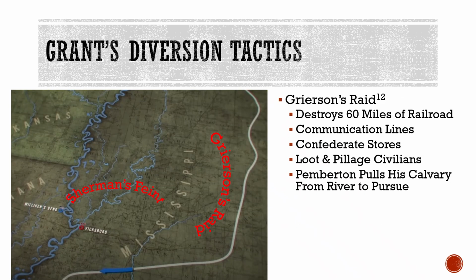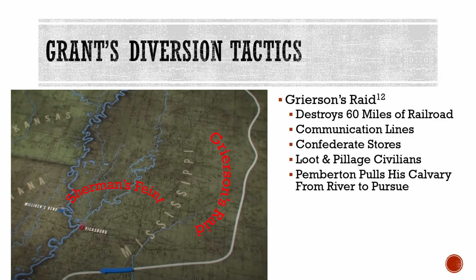Just prior to U.S. Grant's land movement and Admiral Porter's river movement downstream of Vicksburg, Grant performs two exceptional diversion tactics. First of all, he will send a cavalry named as Grierson's Raid right through the heart of Mississippi. This raid destroys 60 miles of railroad, telegraph lines.